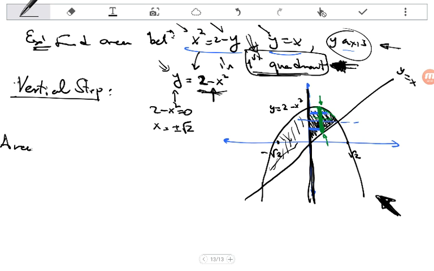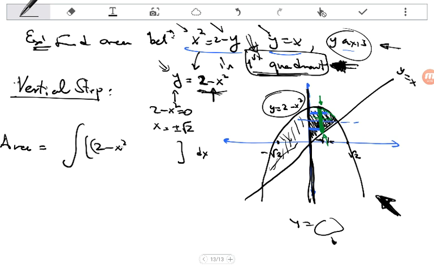So what would be the area? The area would be the integration of, that would be dx. The base here is the x. What is the length of that strip? The length of the strip will be the above curve minus the lower curve, and I need to express all the curves as y equal to a function of x. For this one, it is already expressed here, so I would write 2 minus x squared.